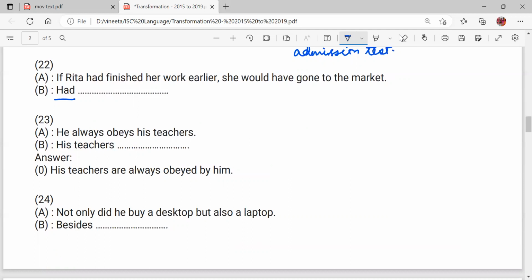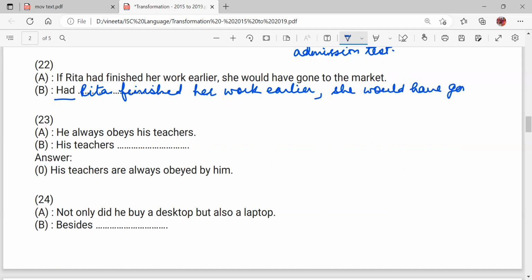It is not going to make a difference. It will be like, had Rita finished her work earlier, she would have gone to the market.